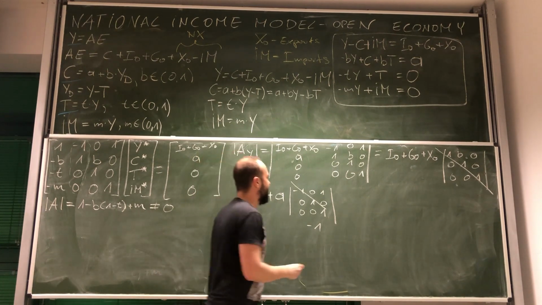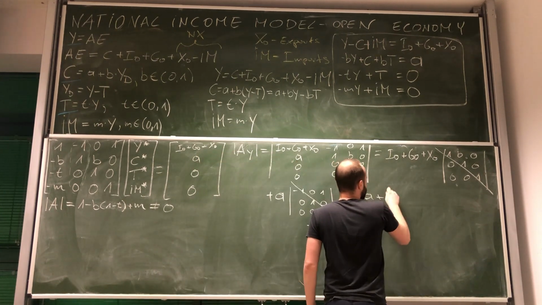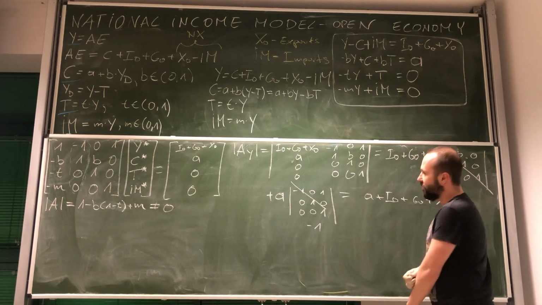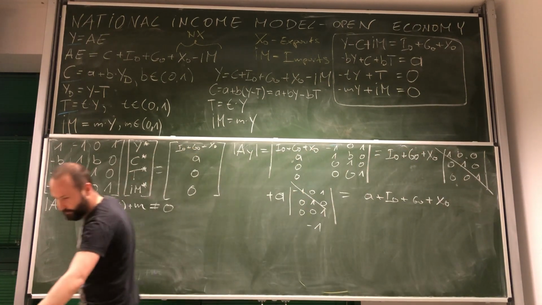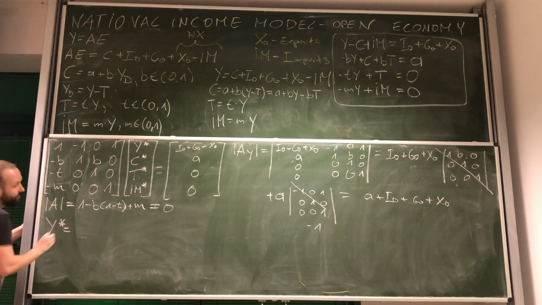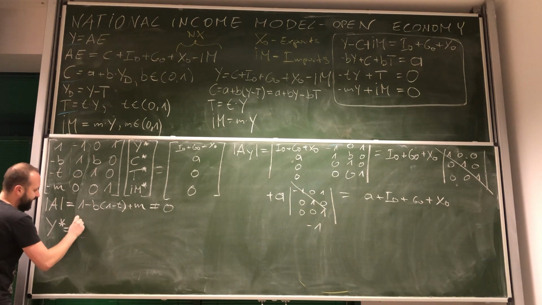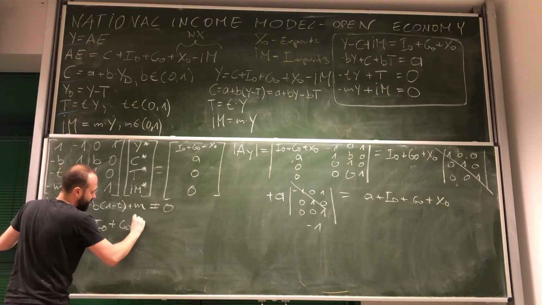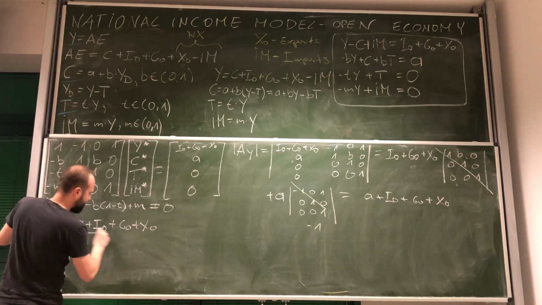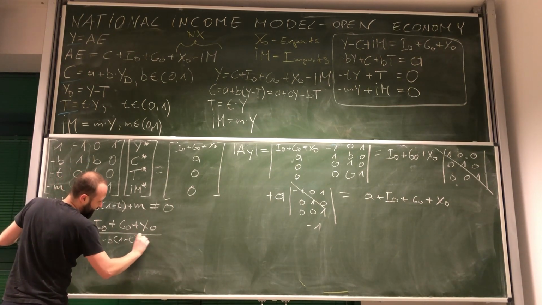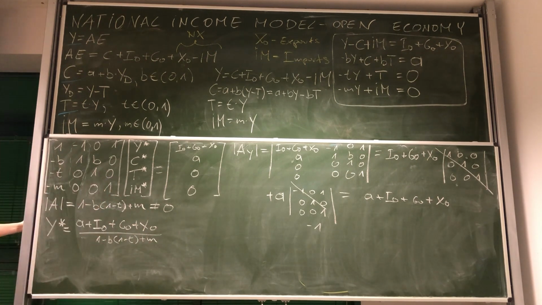So plus A, we've got that this is A plus I0 plus G0 plus X0. So again, we end up with the same solution. So we've got an equilibrium level of income is A plus I0 plus G0 plus X0 divided by 1 minus b times 1 minus t plus m.